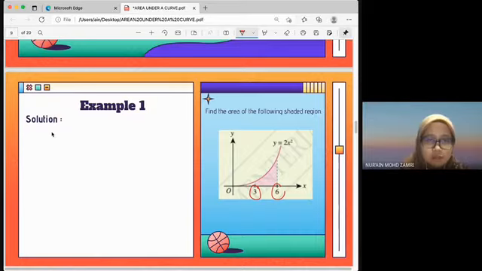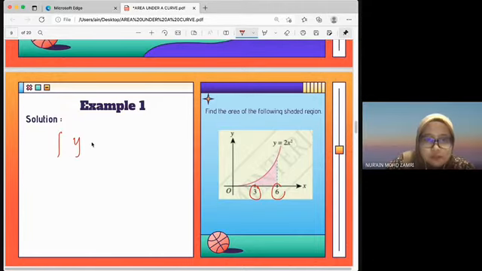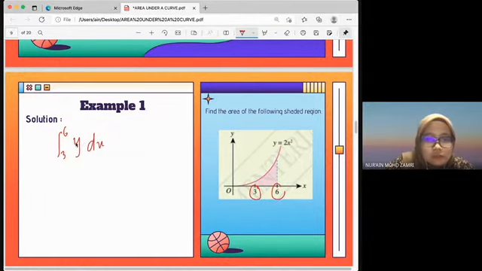First we write the definite integral of the function, which is y equals 2x squared, with respect to dx. Our lower limit is 3 and the upper limit is 6. We substitute the value of y, so you will get the integral of 2x squared dx. Then you can just integrate like usual. So what will you get?